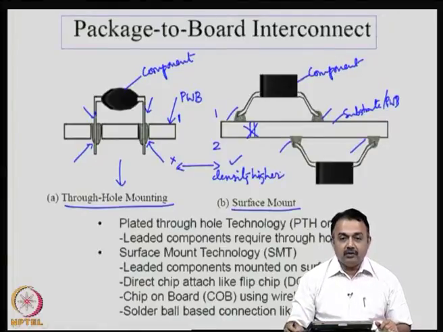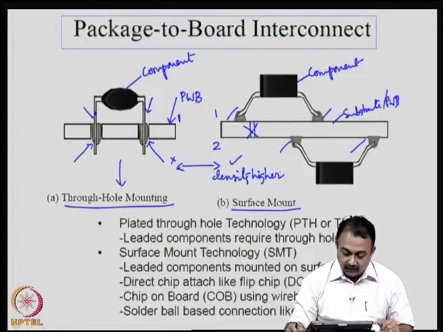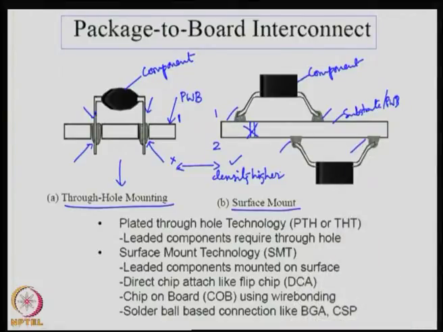So, plated through hole technology, known as PTH or through hole technology, requires leaded components and they require through holes on the substrates. In surface mount technology, leaded components are mounted on the substrate. Direct chip attached components like your bare die or flip chip can be mounted on the substrate.